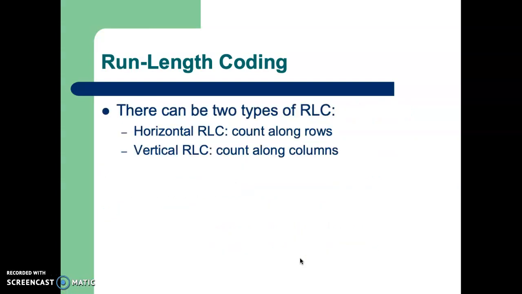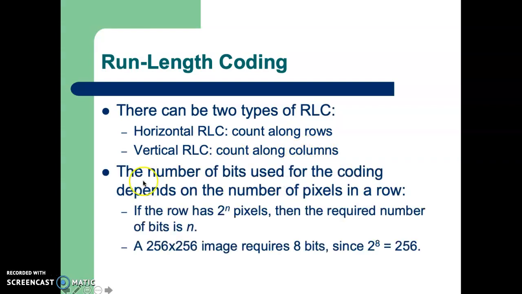There are two types of RLC. It can be done either horizontally or vertically. Horizontal means you count row by row. If vertical, you count along the column. The number of bits used for coding depends on the number of pixels in a row.